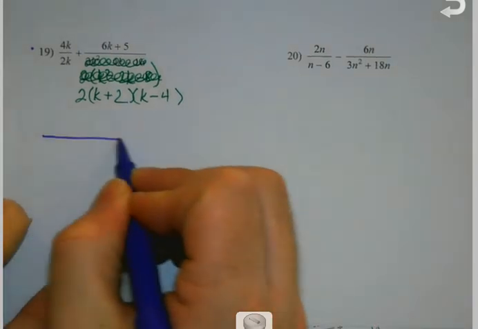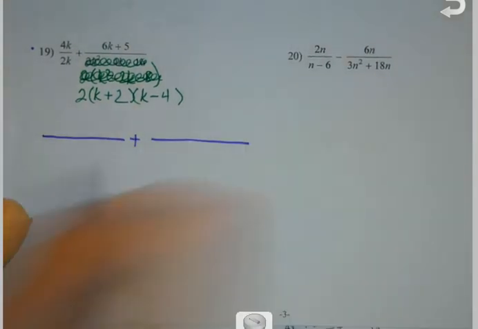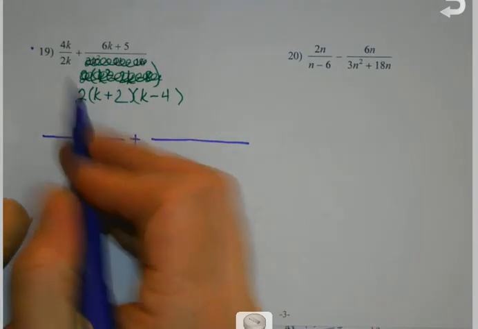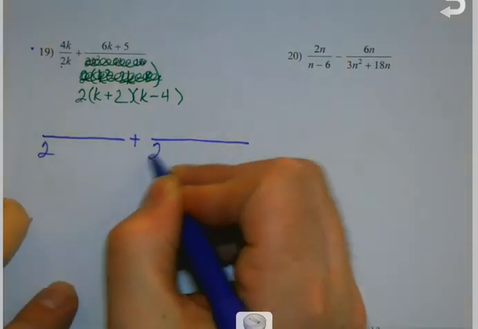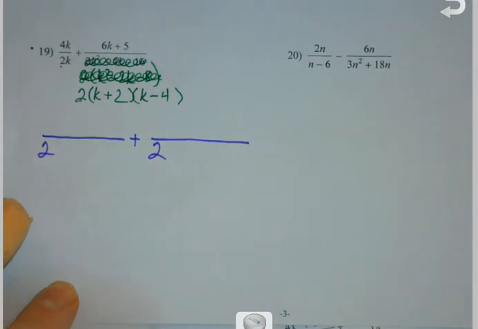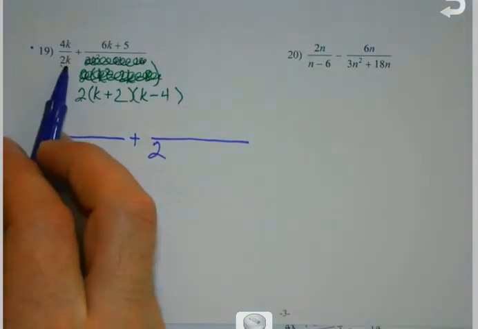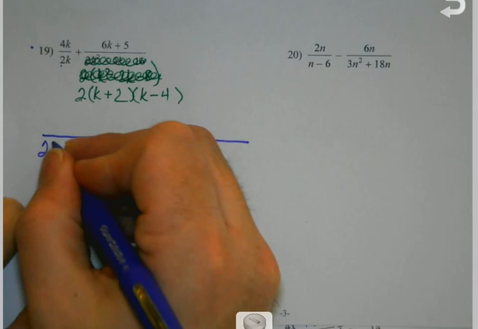All right, let's get to work here. Coefficients. 2 and 2. I wonder what my coefficient's going to be. 2. Okay. I do have a single variable term that's not locked up with a plus or minus, so that's part of it.